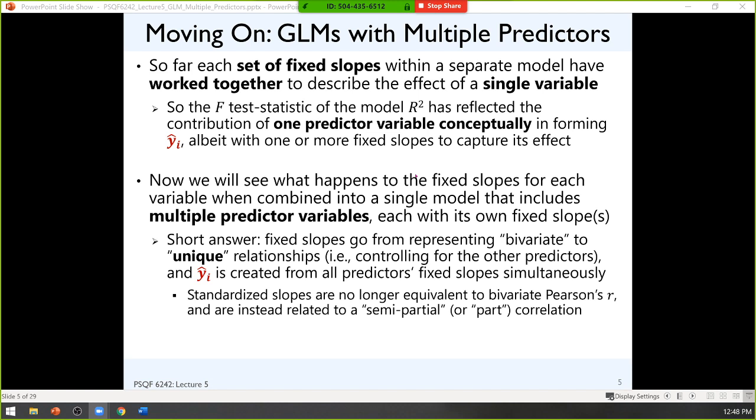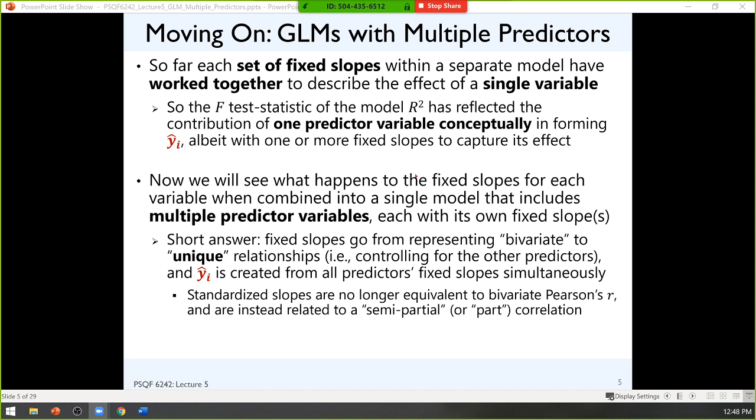It goes from what people would call bivariate, meaning just the relationship of one variable with another, to unique. What is the relationship between one variable and an outcome after considering other variables? So that's the new idea. And so we have the same procedures for testing the slopes, but what they mean is a little bit different.